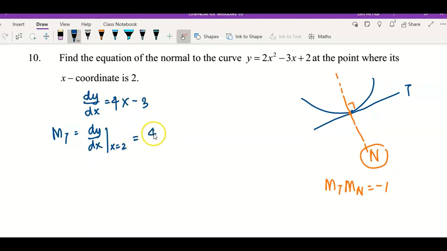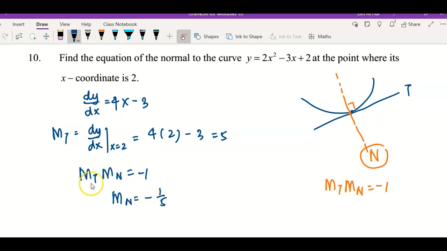Substitute the 2 inside dy/dx, you will get the gradient of the tangent. You get 8 minus 3, that will be 5. To get the gradient of the normal, I'm going to use this equation. The gradient of the normal equals -1/5. Substitute mt as 5, you get mn equals -1/5.